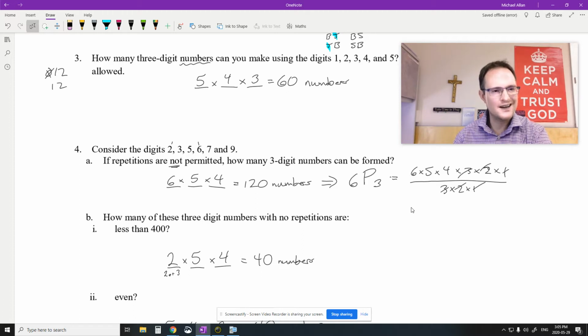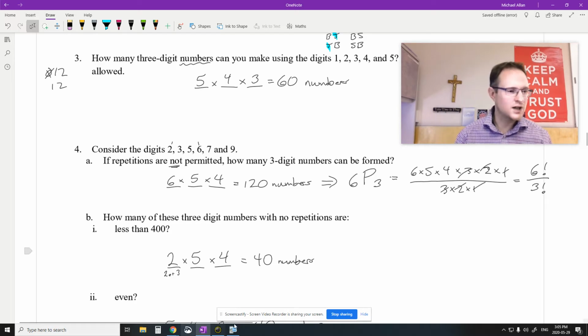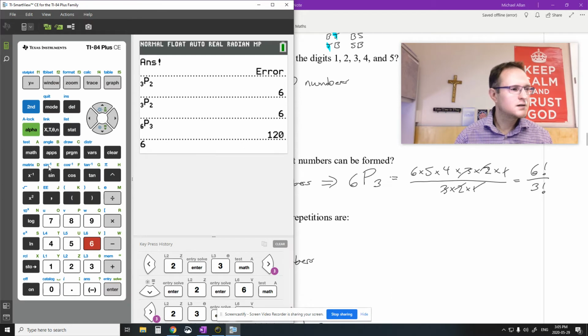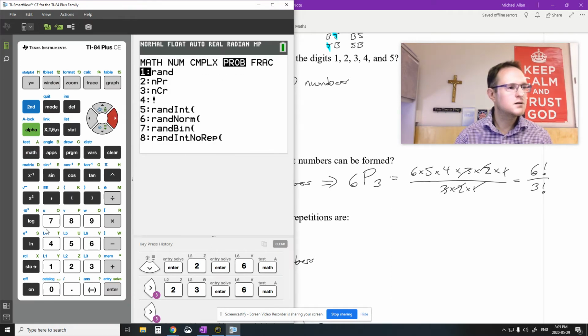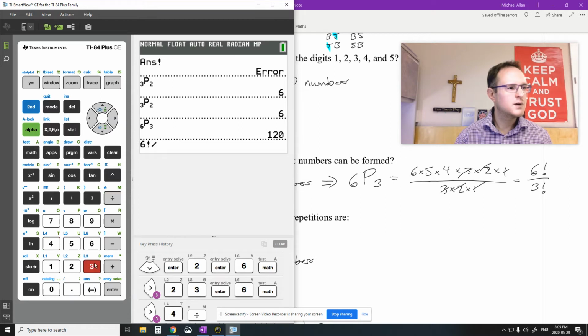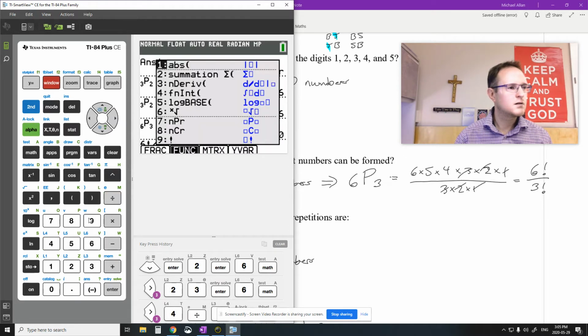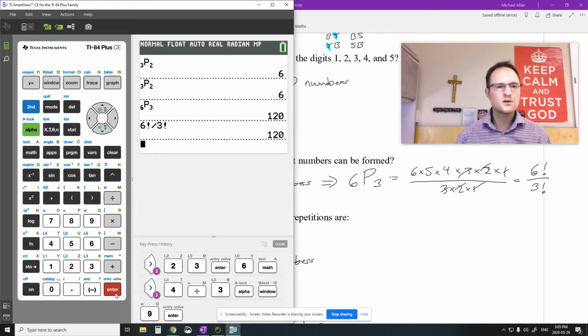So this is the same as saying 6 factorial divided by 3 factorial. I can double check that. 6 factorial divided by 3 factorial. Hey, it's 120 as well.